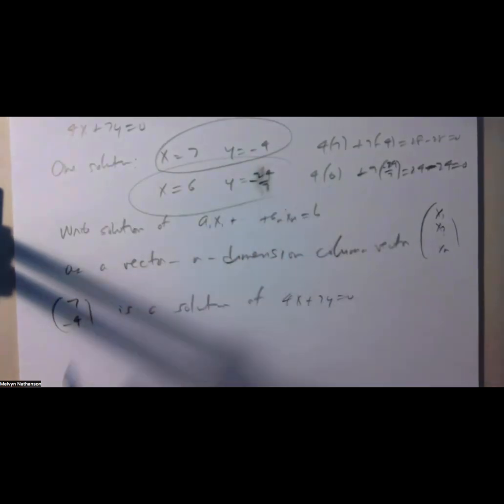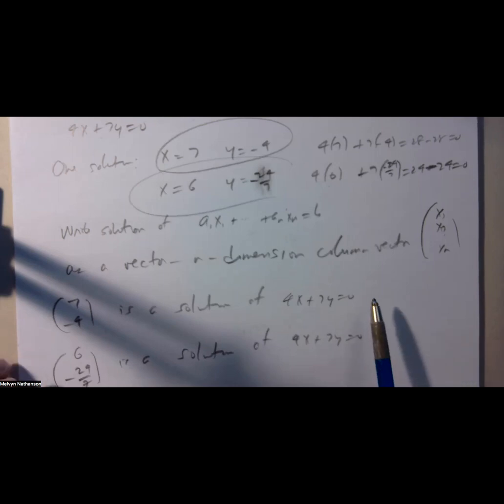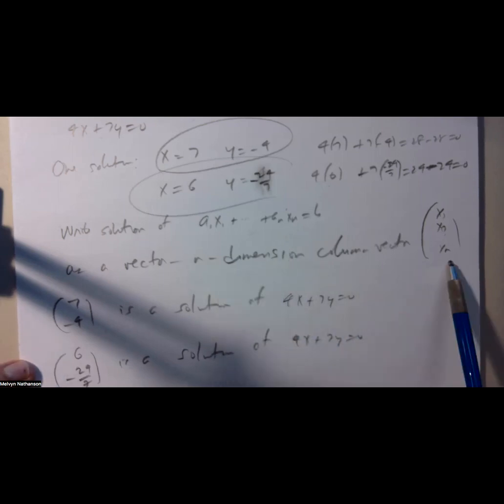The vector (6, -24/7) is a solution of the same equation. There are lots of solutions. In general, we write solutions of equations in vector form, as column vectors.